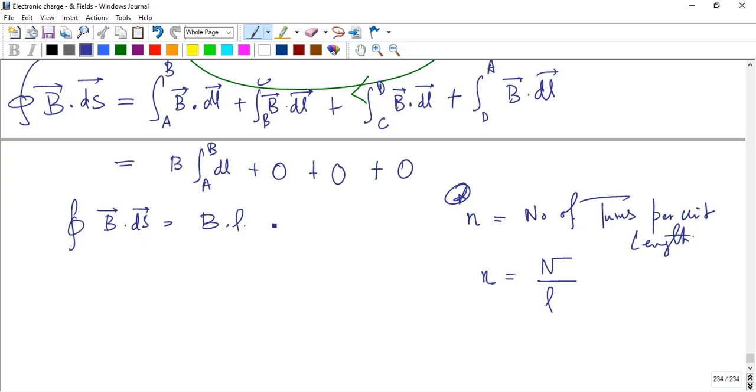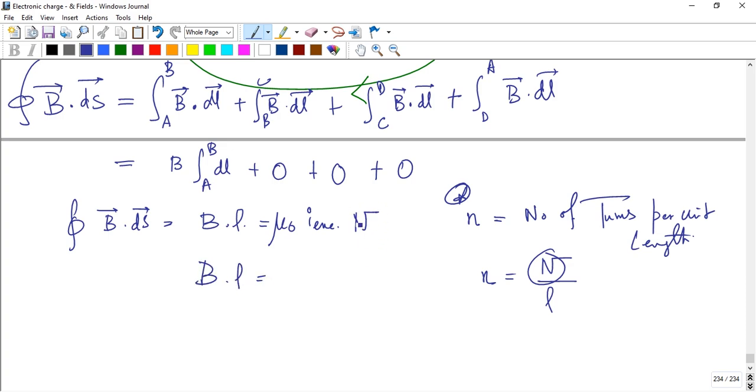From Ampere's law, you know that it equals mu 0 I enclosed. Another term is N, the number of turns. So finally we get BL.